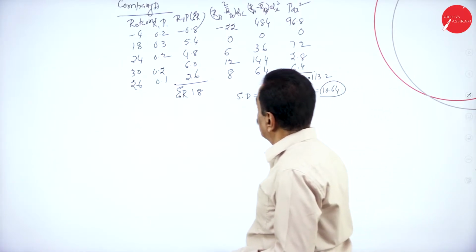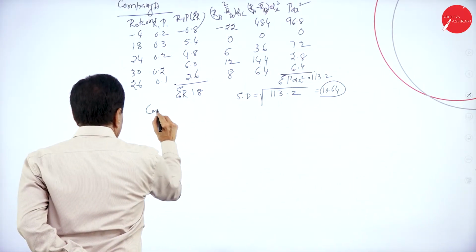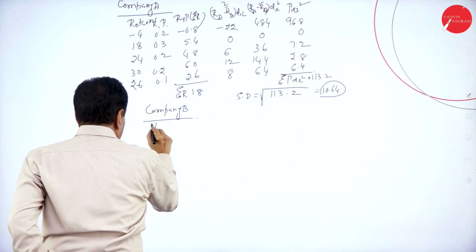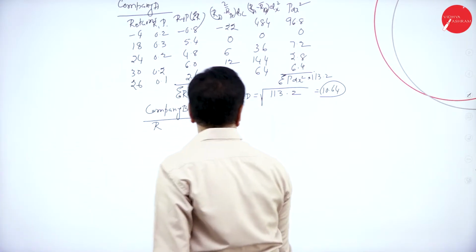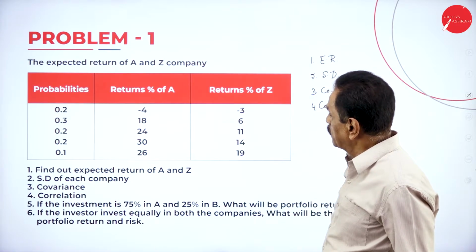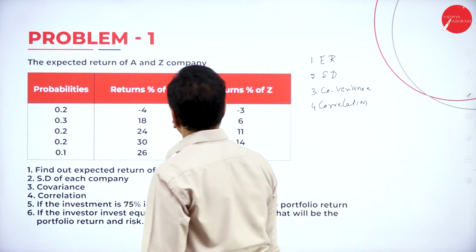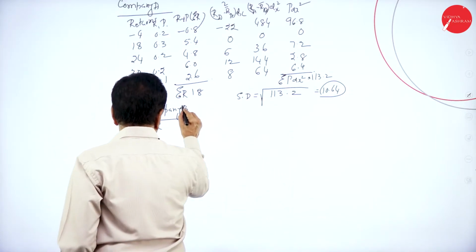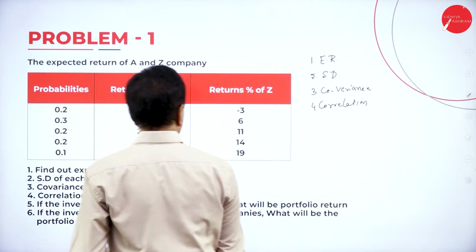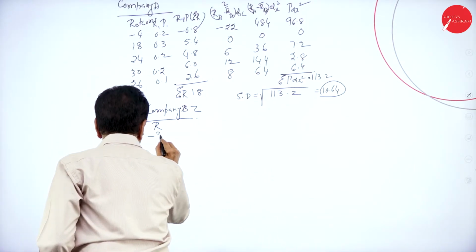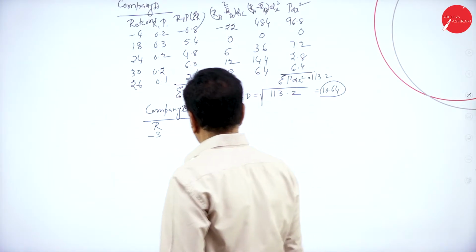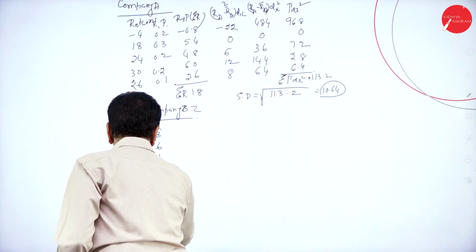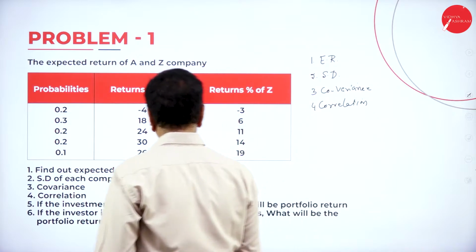We go with company B. Returns of company B are -3, 6, 11, 14, 19.